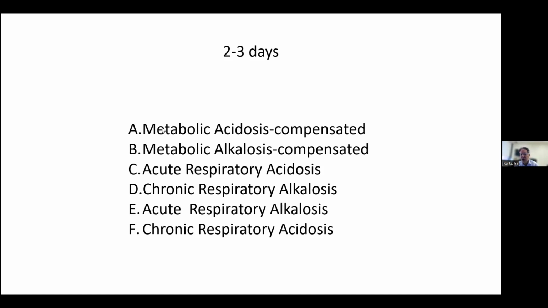Now, oftentimes we don't, but if you do know, you'll be able to make that distinction. Otherwise, you're just going to make a mistake when you try to make an acid-base diagnosis. So the acid-base disorder that takes 2 to 3 days is chronic respiratory acidosis. None of the other acid-base disorders take this duration of time. Some take longer, some take less, but none of them take that sort of duration.